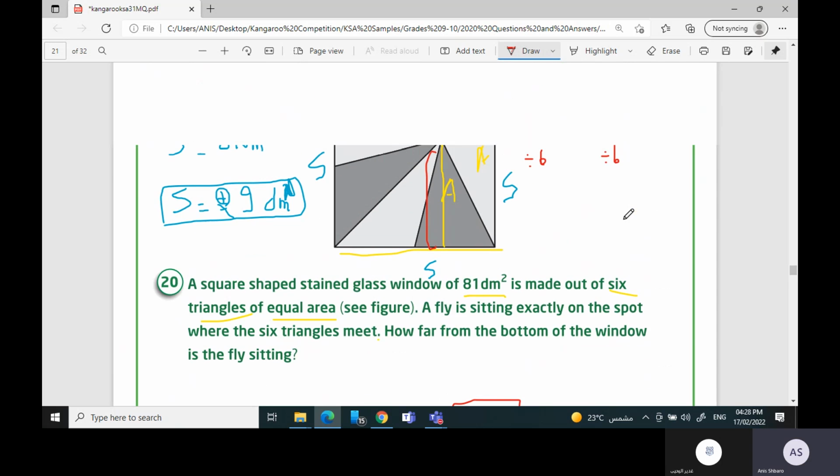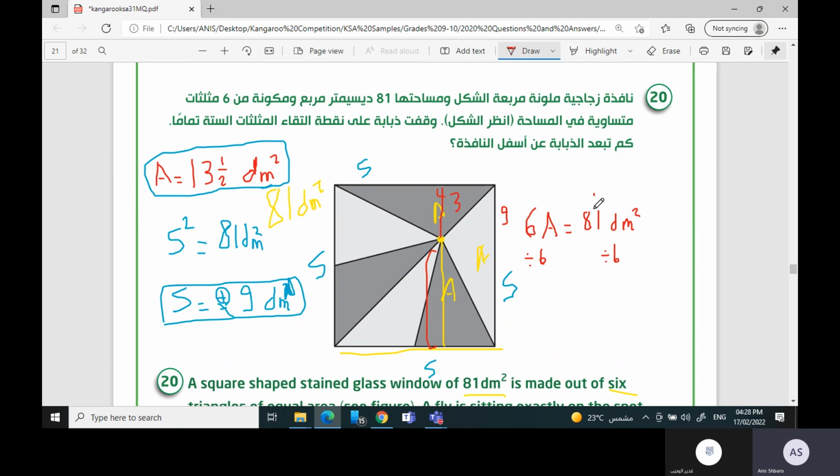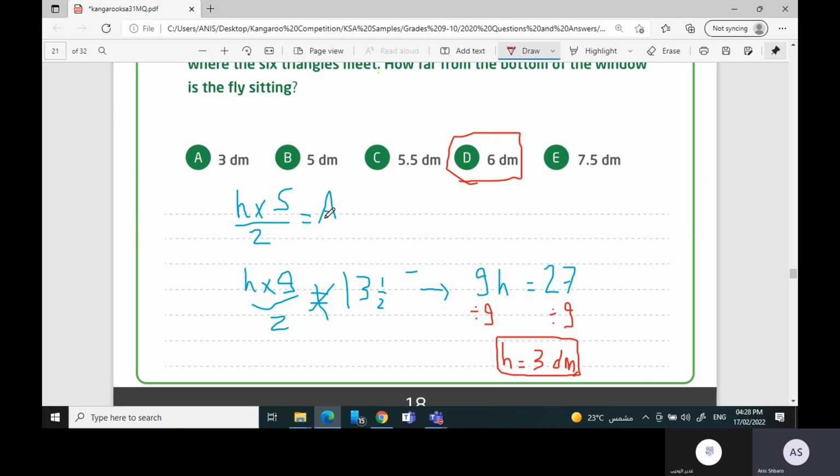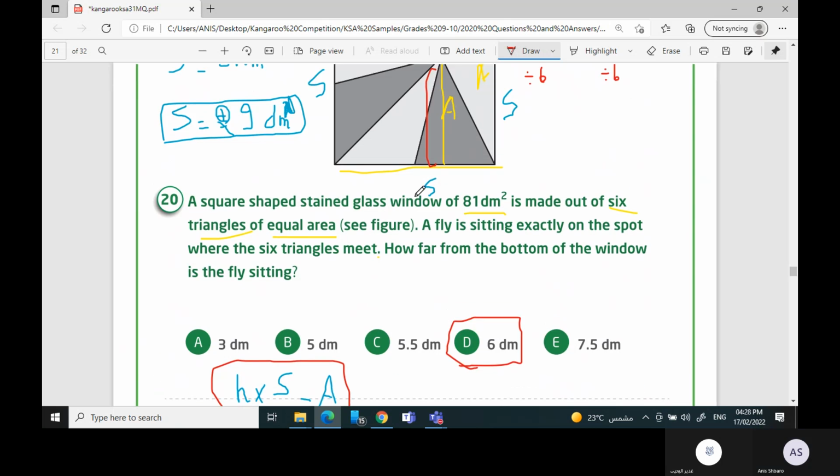Now let's repeat the plan that we worked on. First of all, we have 6 equal areas, and we have a fly sitting here, and we have to find this distance. So we started planning. First of all, we know the general rule for the area of a triangle, which is the height times the base over 2.